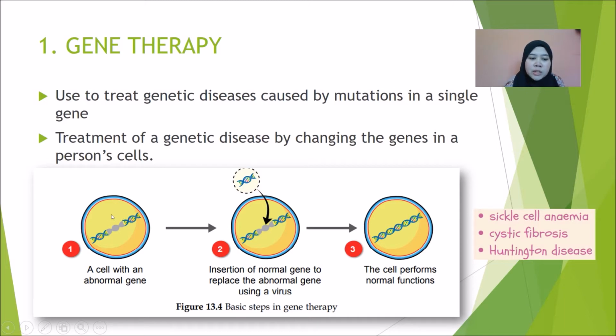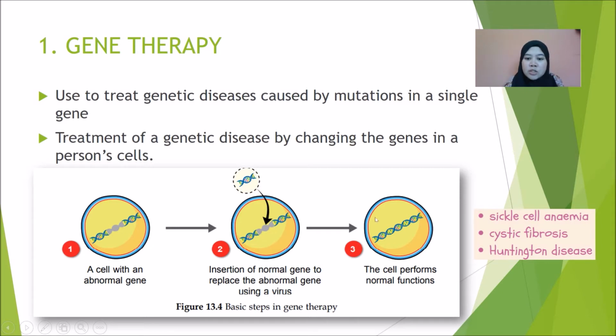Okay, if you can see here, a cell with an abnormal gene which is only can produce sickle cell shape of red blood cell. Then, using gene therapy, we'll insert a normal gene to replace the abnormal gene using a virus. So, we'll insert a normal gene that contain the genetic to produce a biconcave shape of red blood cell into the patient.